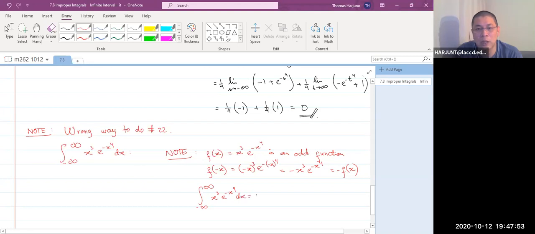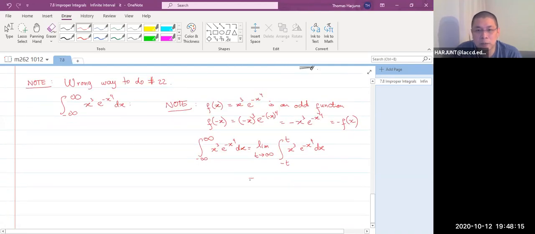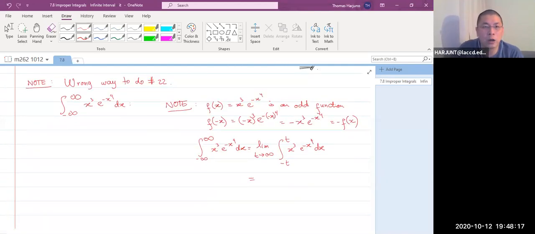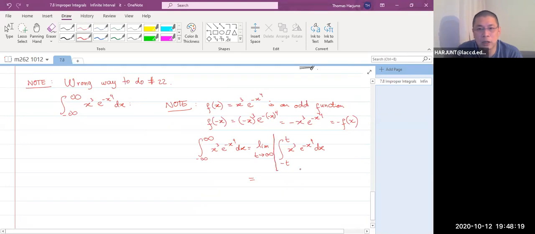So the integral from negative infinity to infinity of x cubed e to the negative x to the fourth dx. That person says, let me use t as my limit of integral, and I will go from negative t to t of x cubed e to the negative x to the fourth dx. But because it is an odd integrand, this integral will be 0. I wonder if you remember that.